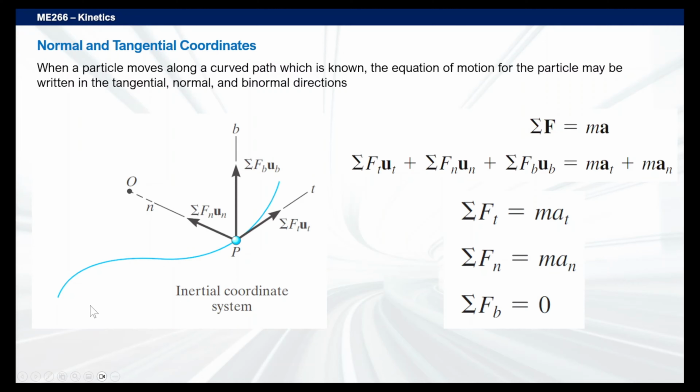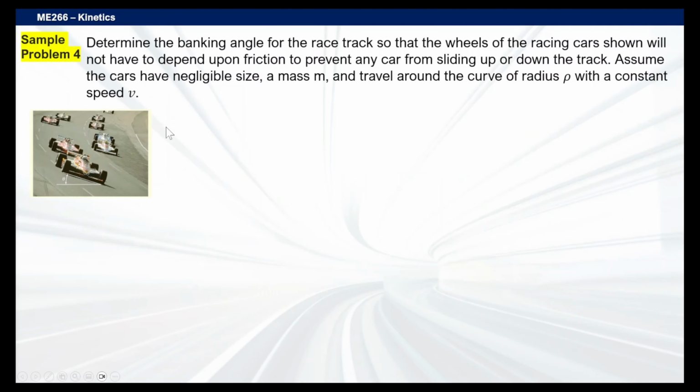So to better understand this, let's take a look at a derivation problem. What if we're being asked to determine the banking angle? Here we have the racetrack, and we're here to determine the banking angle for the racetrack so that the wheels of the racing cars shown will not have to depend on friction to prevent any car from sliding down the track.